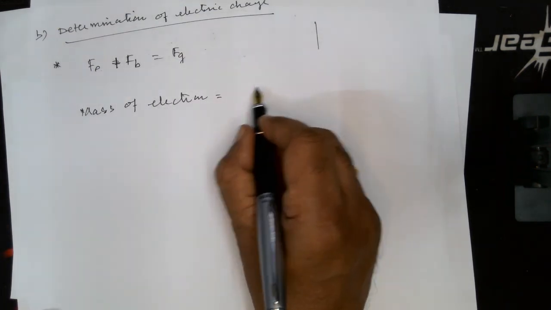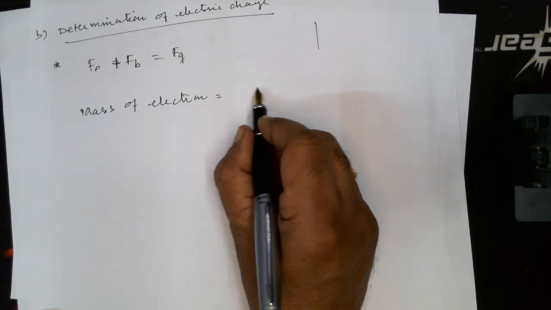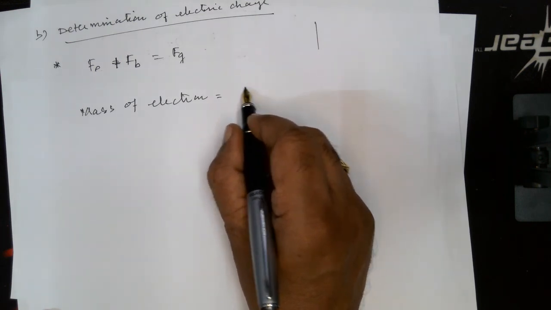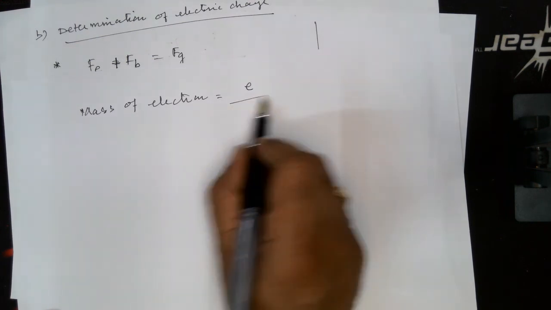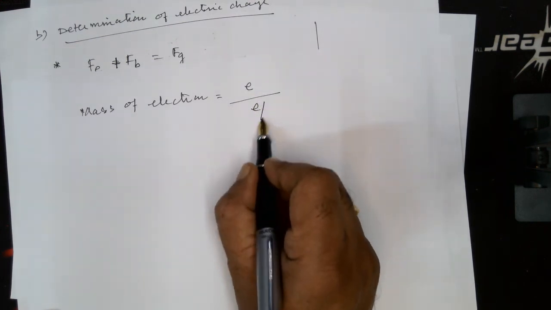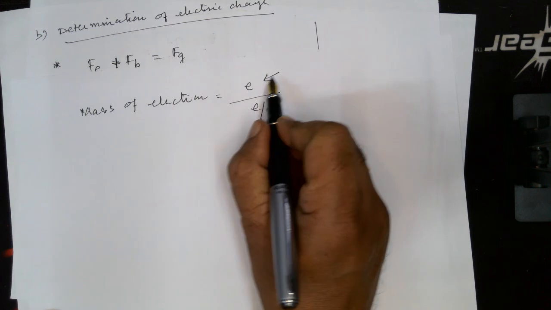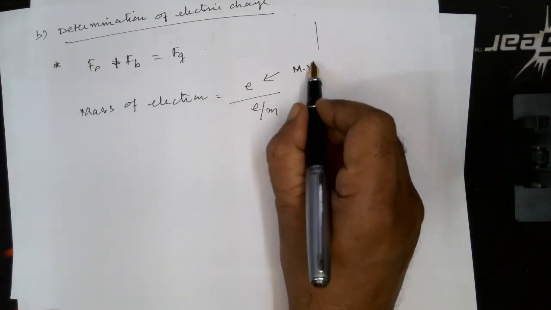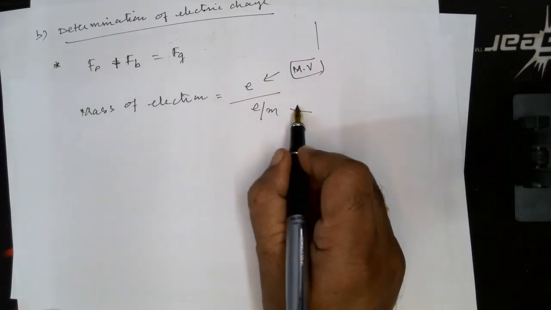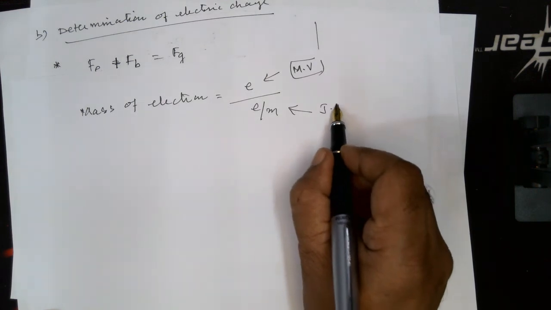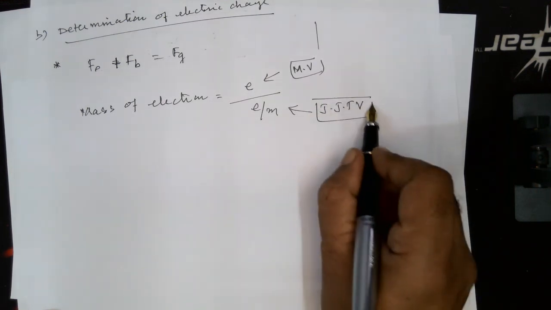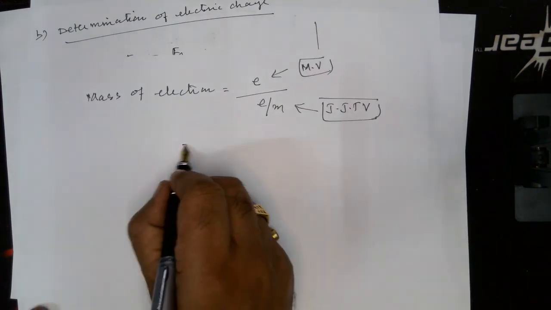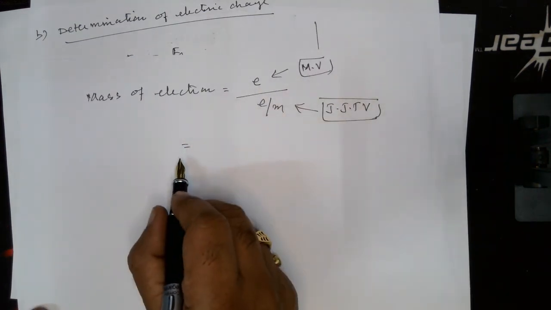So you have Millikan's experiment value E divided by E by M. So what is this? This is Millikan's value. This is J.J. Thomson value. Okay. Now tell me the Millikan's value.